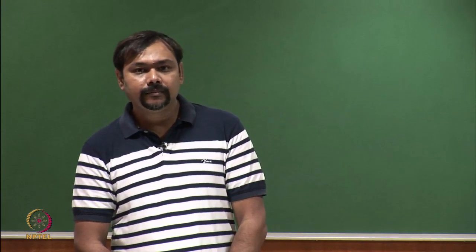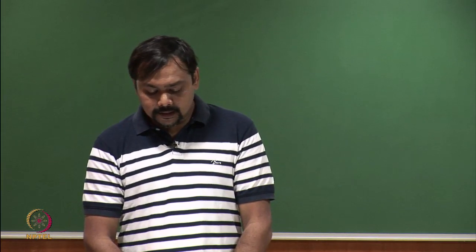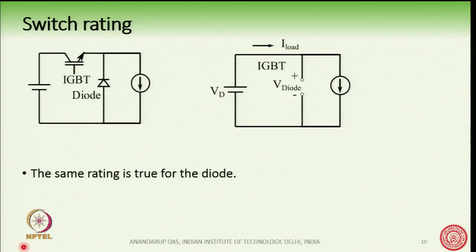What about the diode? Again, for the diode we see that when the IGBT is turned on, the diode is turned off. Since the diode is turned off and the IGBT is turned on, the positive terminal comes here and the negative terminal is here. So, the voltage across the diode is equal to the source voltage.